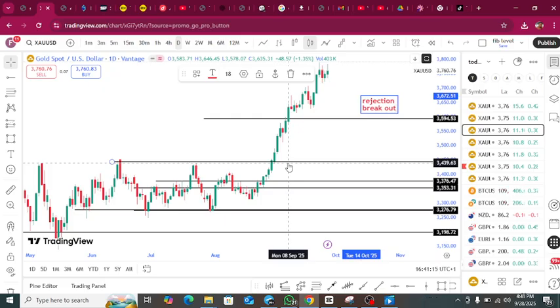Then traders and investors use key levels to make decisions about entering trades, exiting positions, taking profits, and managing their risk. That is what traders do.